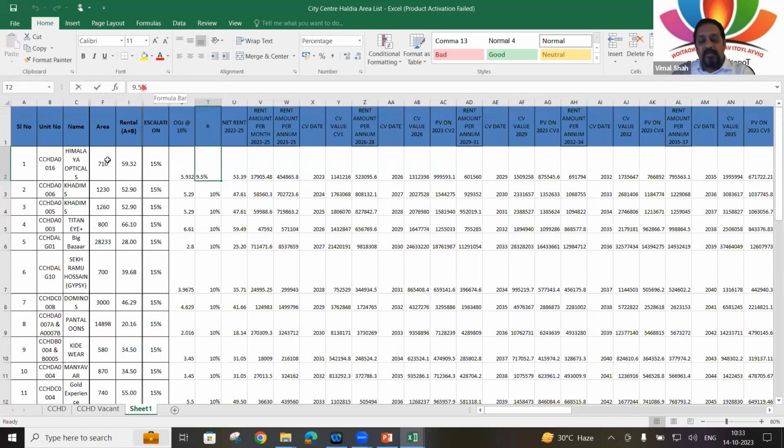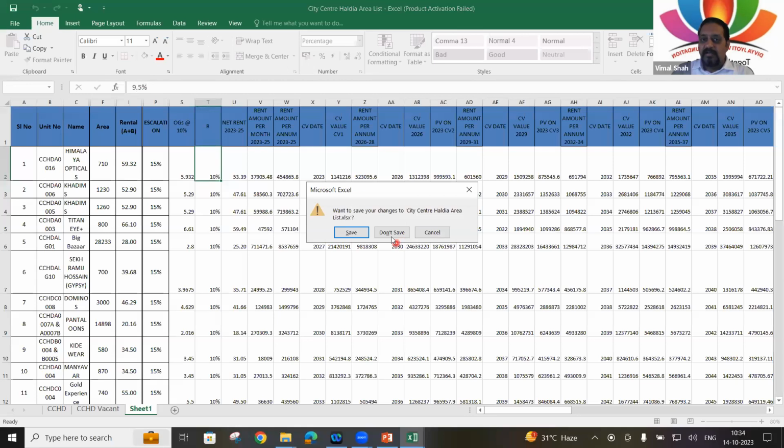I gave the investor this Excel sheet, showing how we calculated it and that it was coming at 9.5%. Then he agreed to purchase these 31 shops, and the deal was closed. So this is how we use this internal rate of return.